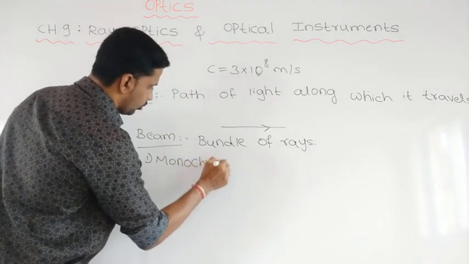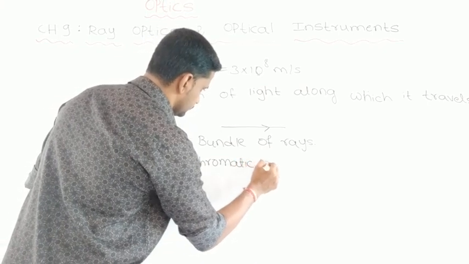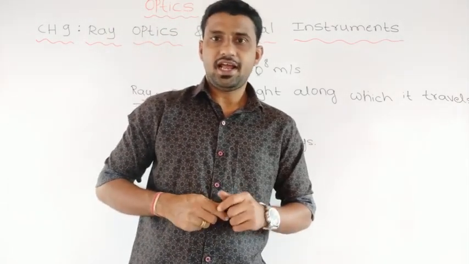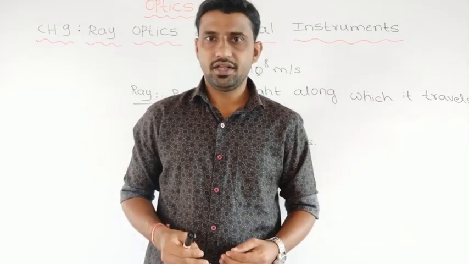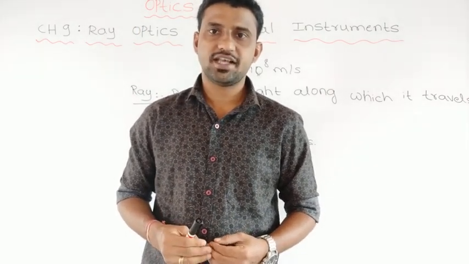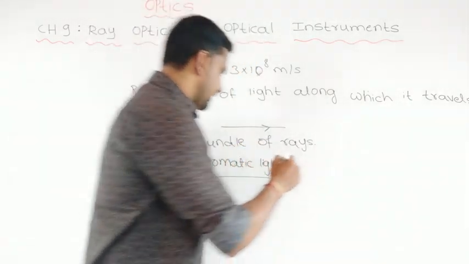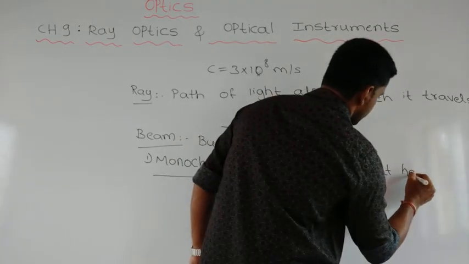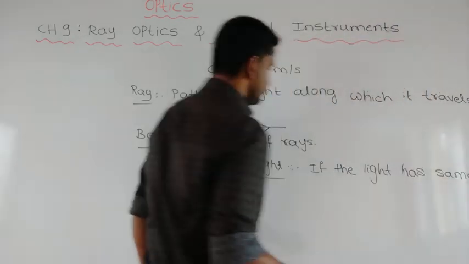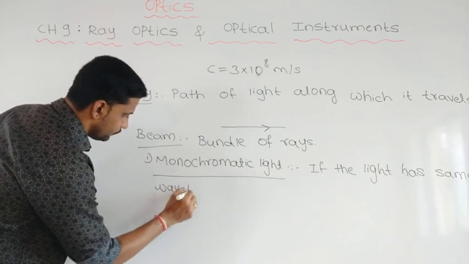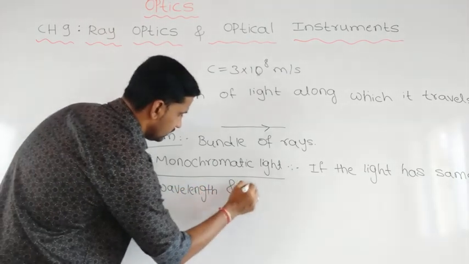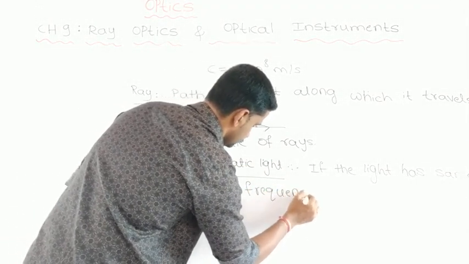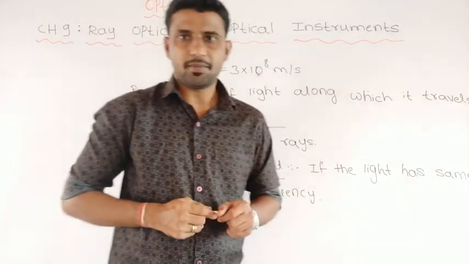Monochromatic light. Monochromatic light means if the light has the same wavelength and or frequency, then that type of light is called monochromatic light.